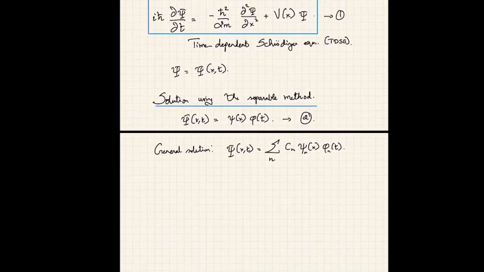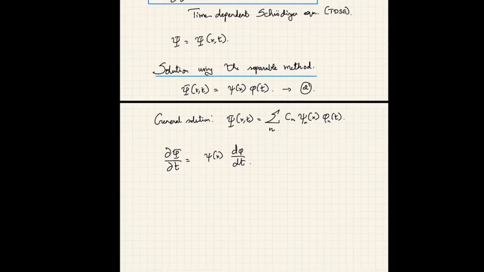Remember that capital psi is a function of psi of x and phi of t. So d psi dt is simply psi of x times d phi dt. Now, look at this equation carefully. This tells you that the partial derivative of psi with respect to t is simply psi times the total derivative of phi with respect to t. There is no partial derivative on the right hand side because phi is only a function of time.